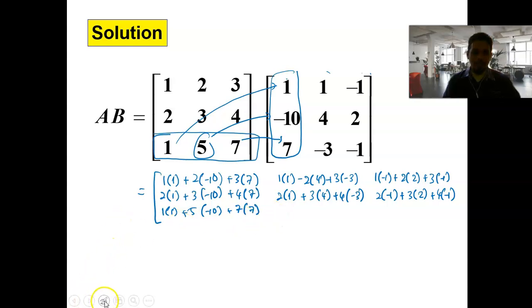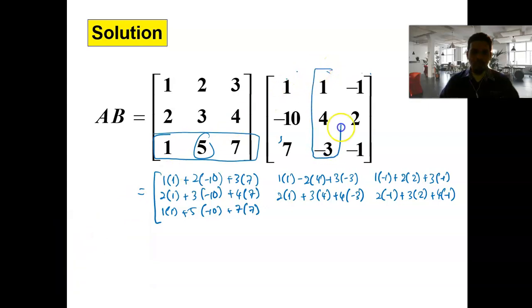And then next, the multiplication between the elements in row 3 and column 2: 1 multiplied with 1, 5 times 4, and 7 times negative 3.